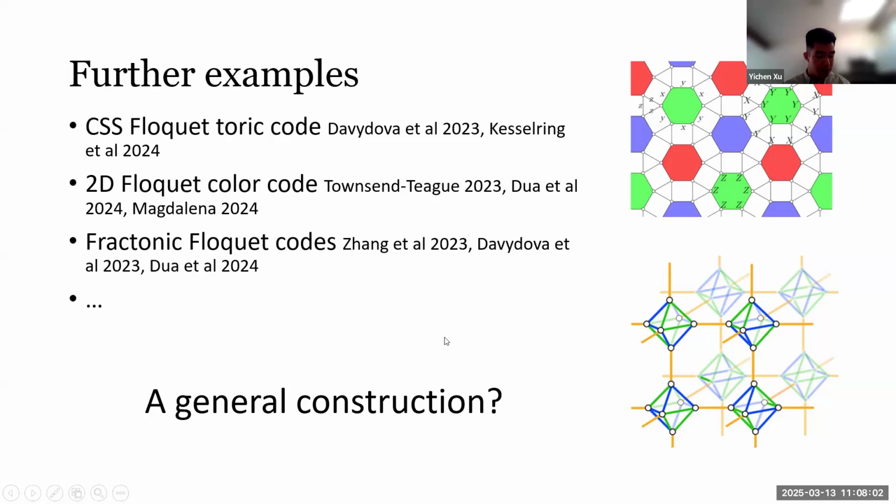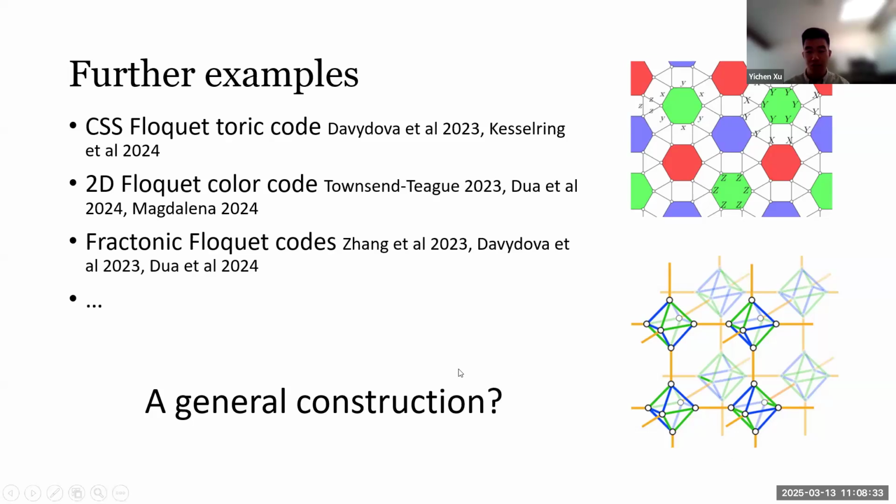Now it comes to the problem of whether you can generalize these constructions to any kind of good static codes you want, because there have been intensive studies of good static codes. I'm talking about, for example, quantum LDPC codes, the different classes of LDPC codes, which encode extensive logical qubits with low overhead.